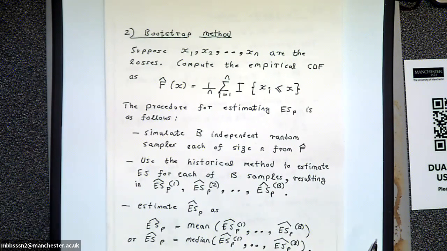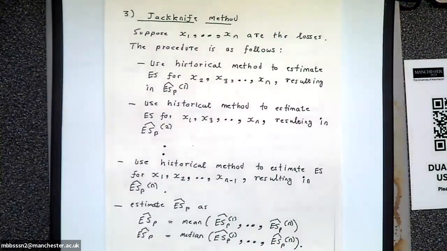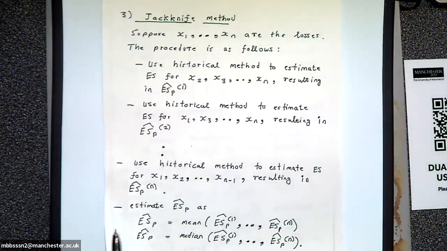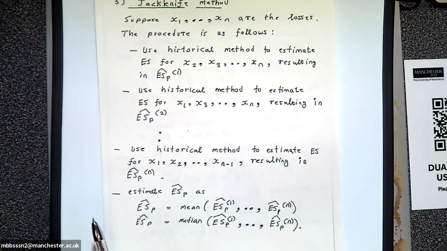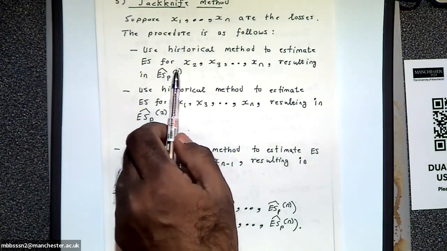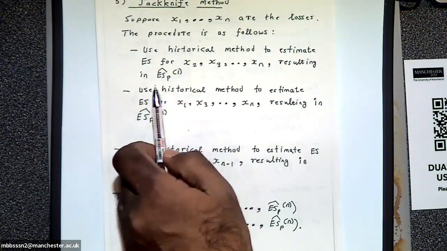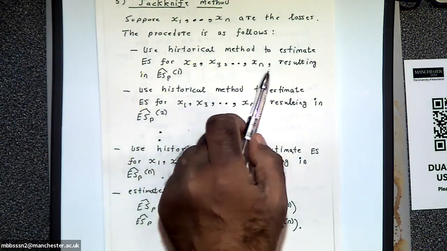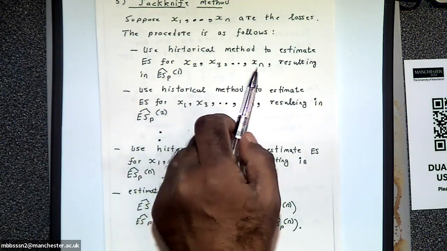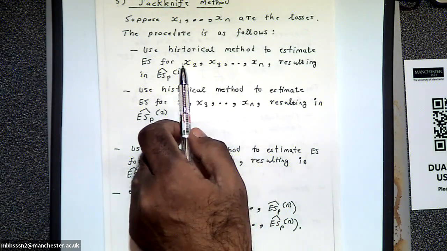And the next method is the Jackknife method. Again, this is very similar to the Jackknife method I talked about last week. So the first step is to compute the expected shortfall by the historical method for this. As you can see, what I've done here is it's the same as the original data, but I removed the first data point.